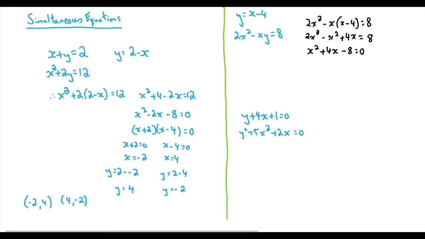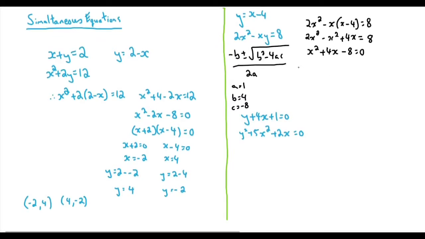So instead, we're going to have to use the quadratic formula. If we remember, that's going to be minus b plus or minus the square root of b squared minus 4ac, over 2a, where in our case here, a is going to be 1, b is going to be 4, and c is going to be minus 8, based on the coefficients here. So 1 for a, 4 for b, and minus 8 as a whole for c.